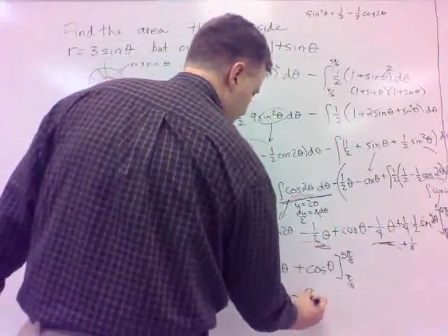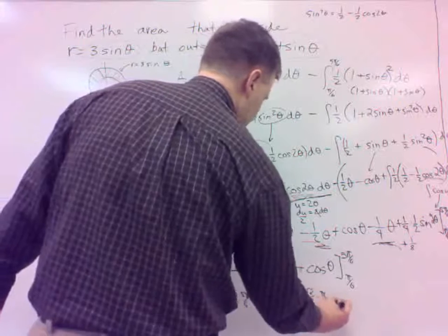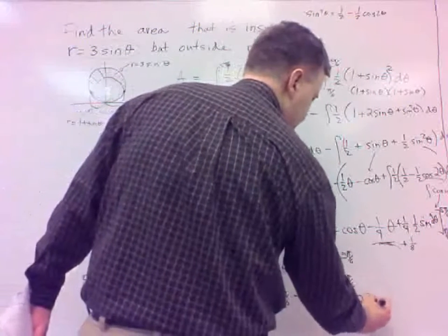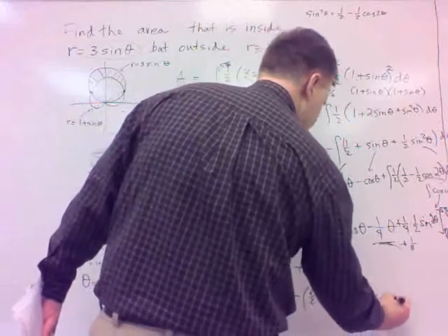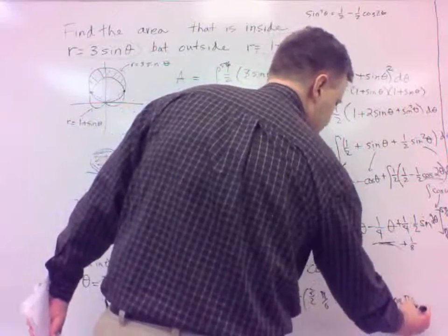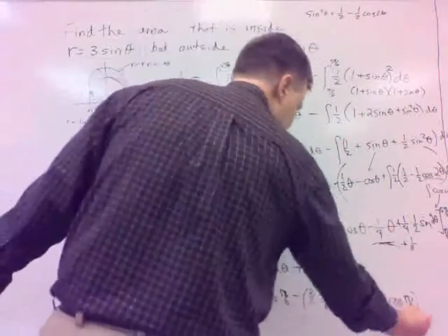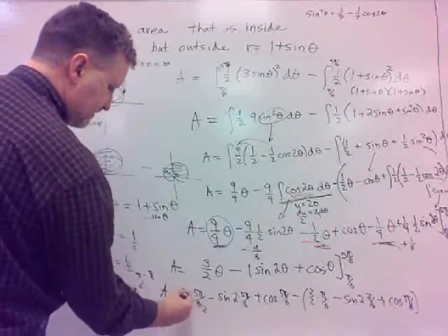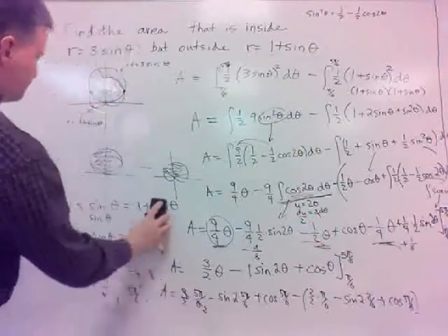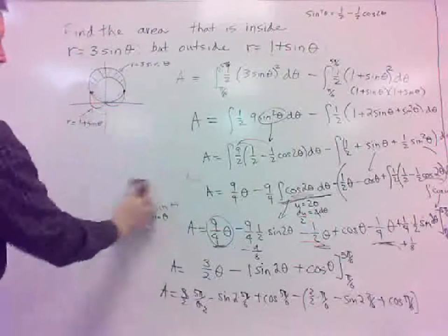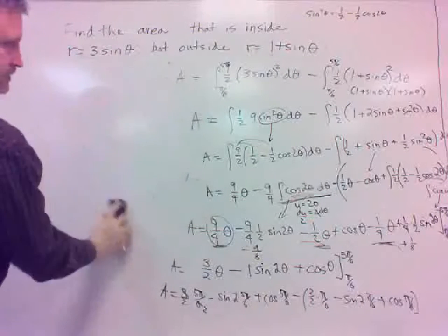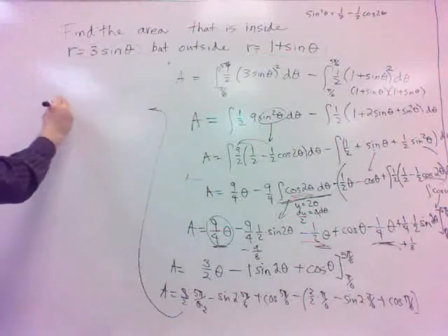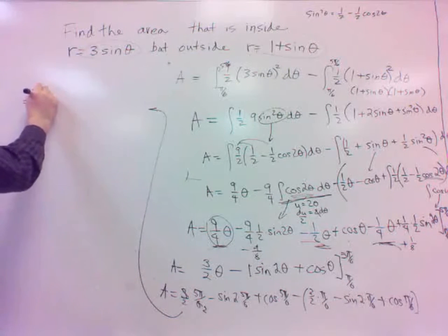So it'll be 3 halves times pi over 6, minus sine of 2 times pi over 6, plus the cosine of pi over 6. All right. Let's see. That cancels. So that's going to be 5/4 pi. Okay, so that's 5/4 pi.